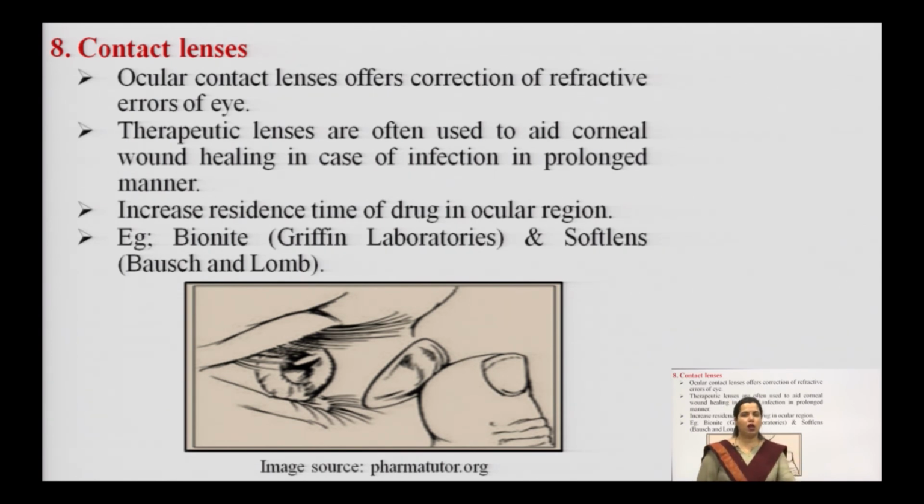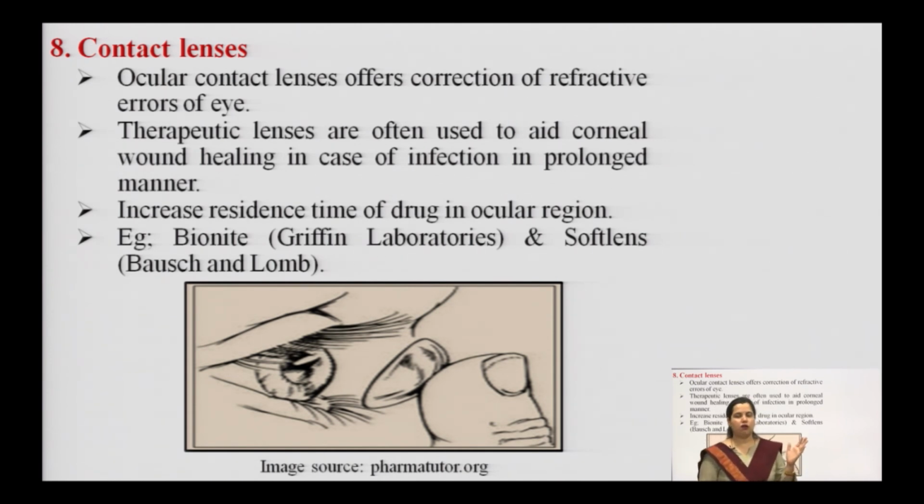Yes, when you put lenses on the eye surface, they are in contact with the eye surface for a long time and release the drug for a prolonged time. For example, Bionite by Griffin Laboratories.